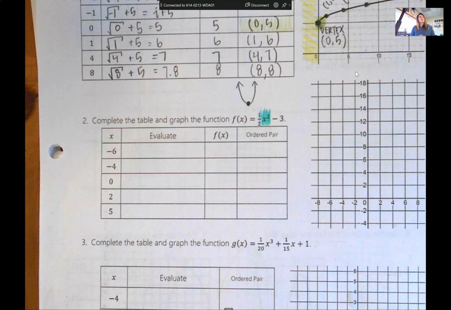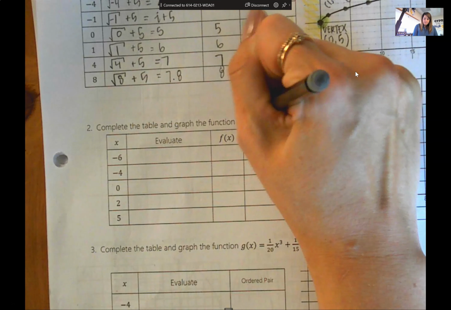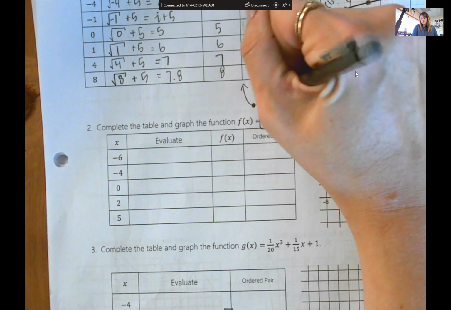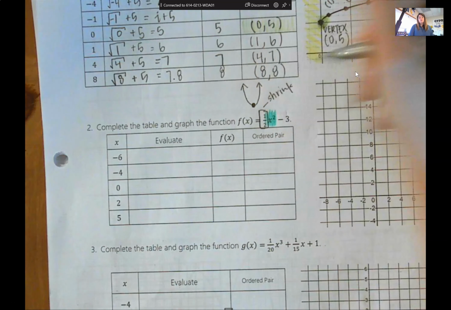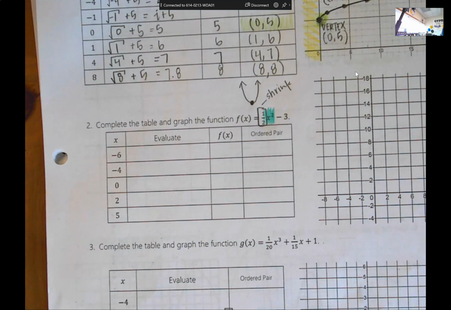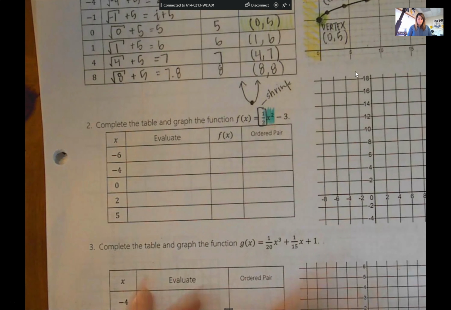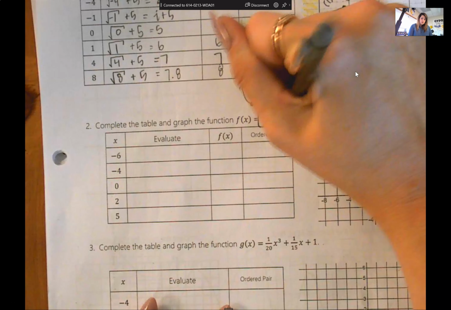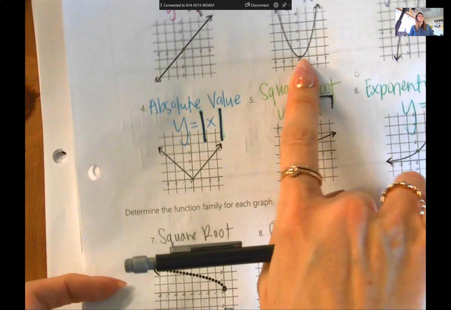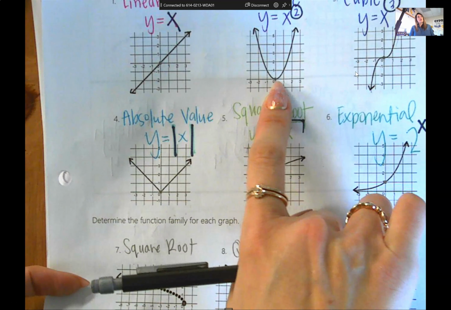From our previous lessons, this 1/2 tells me that I'm going to do a shrink, which will end up making my parabola wider. What does the negative 3 do to your parabola? Moves it down. So what that's telling me is that this vertex is at (0, -3).